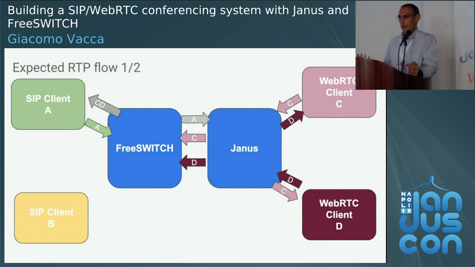At the same time, the stream that is produced by the SIP client is then provided. In this case, FreeSWITCH works as a publisher, does the attach and the join and becomes a publisher, and this is then routed to both C and D. So in this case, we have a client joining the video room.